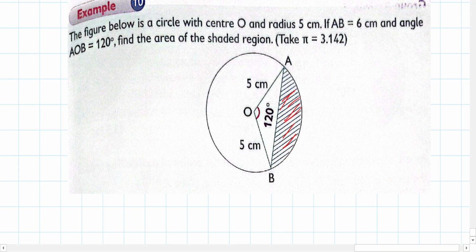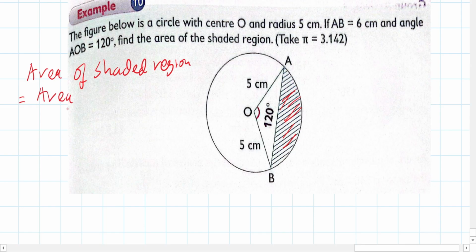So area of shaded region is given by the area of the sector minus the area of the triangle. Okay.